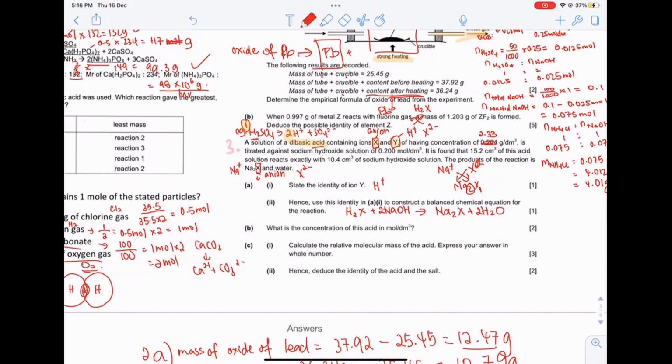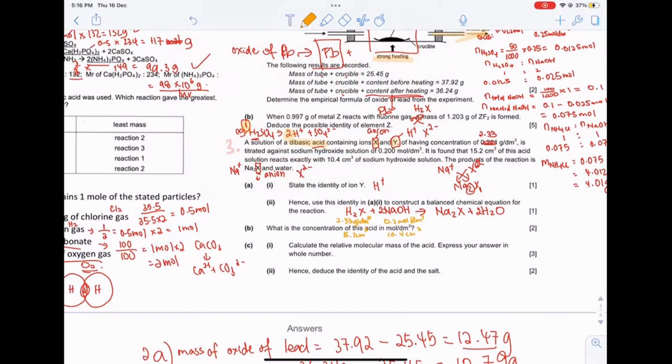So let us write down the pieces of information that we are given so far. This is 2.33 gram per dm cube. This is 0.2 mole per dm cube. You will need 15.2 cm cube of the acid to exactly react with 10.4 cm cube of sodium hydroxide solution.